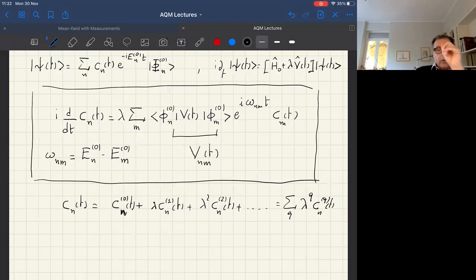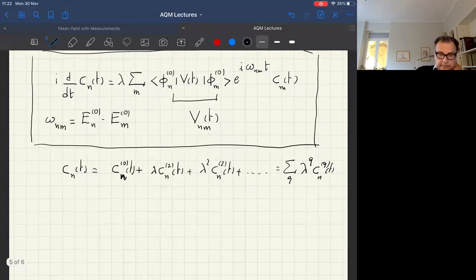Now, you see, look here. In the same way as we did for the time independent case, basically we just substitute the solution and then equate the same orders in lambda, okay? So this means that here we are going to do the following, right?